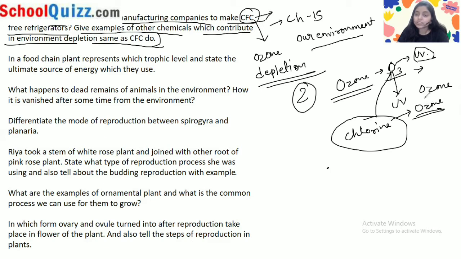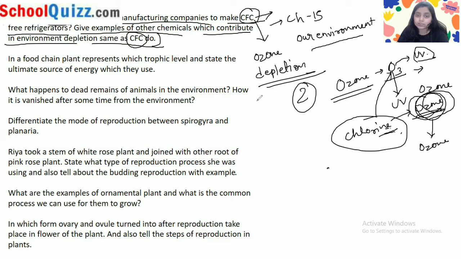This is how ozone depletion works, because of the chlorine. The chlorine depletes the ozone and breaks it, so that is why it is harmful for us. There are also some other chemicals which contribute to ozone depletion, the same as CFC does.